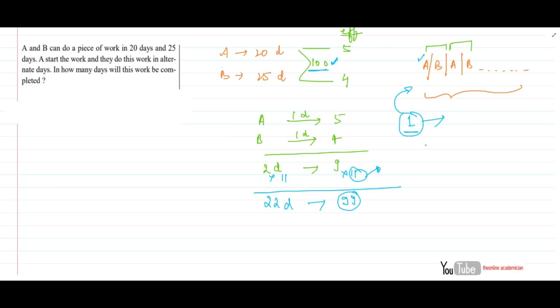And we know A will not take a complete day to do this 1 unit of work, because in one day it does 5 units of work. For 1 unit of work it will take less than 1 day. So how many days will it take? See, in one day it does 5 units of work. For 1 unit, apply the unitary method: 1/5 of a day.